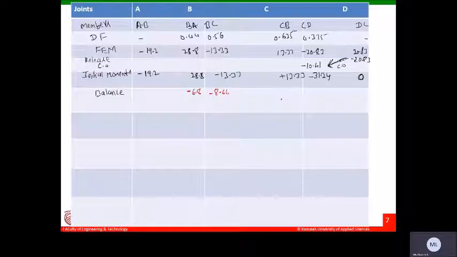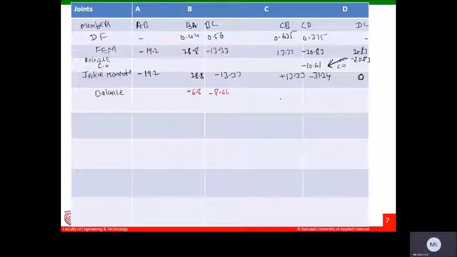Similarly, here we need to do it. Here what I need to do? Plus 13.33 minus 31.24. It's minus 17.91.